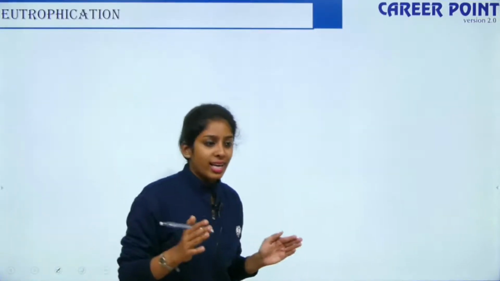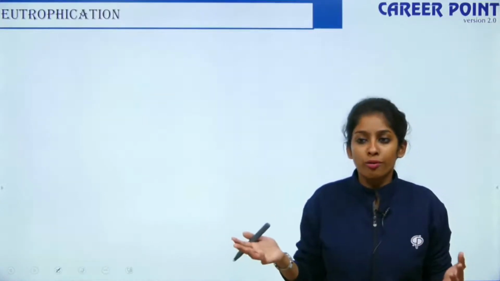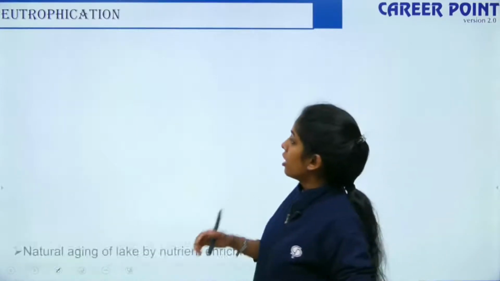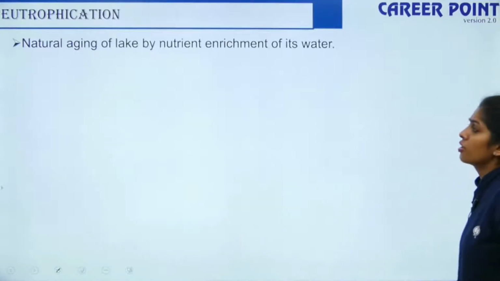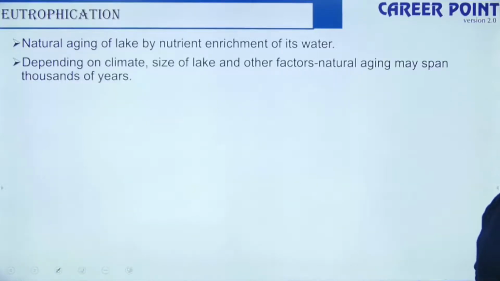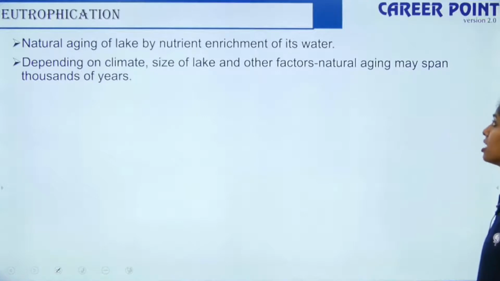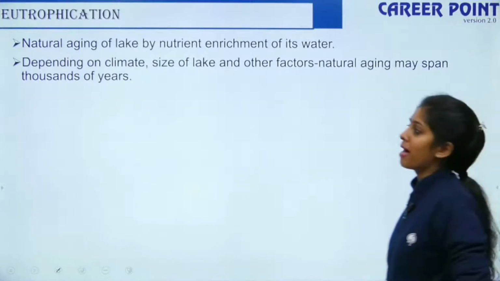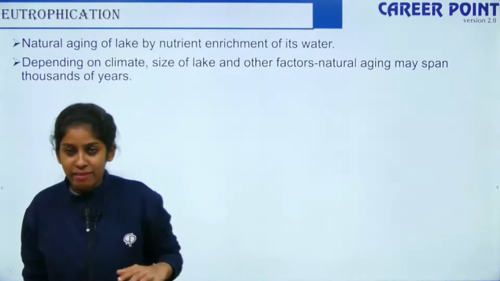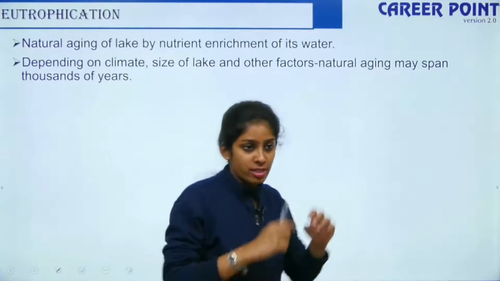Initially when your lake is there, it has less amount of nutrients, so you do not have more of life. Gradually it starts to bloom. So, natural aging of lake by nutrient enrichment of its water. Depending on the climate, the size of the lake and other factors, natural aging may take a span of thousands of years. Initially your lake is very naive, so it has no living organisms, it has less amount of nutrients.